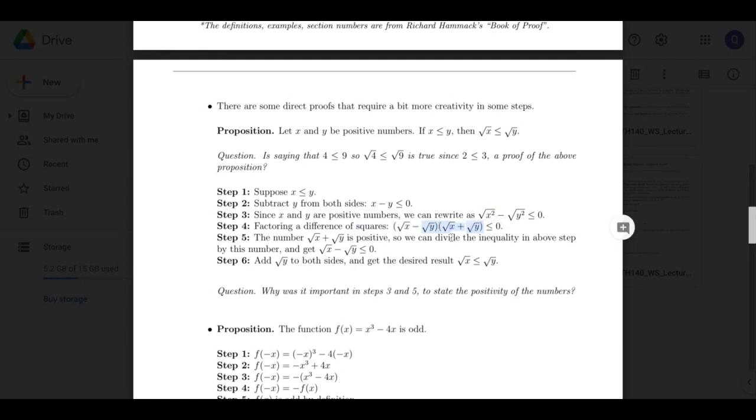But we see the square root of x plus the square root of y is always non-negative. It could be 0, since the square root of 0 is 0. It doesn't have to be positive; it can be 0, so it's non-negative.